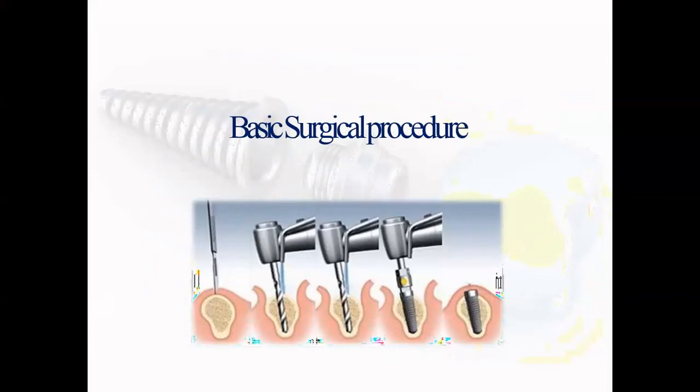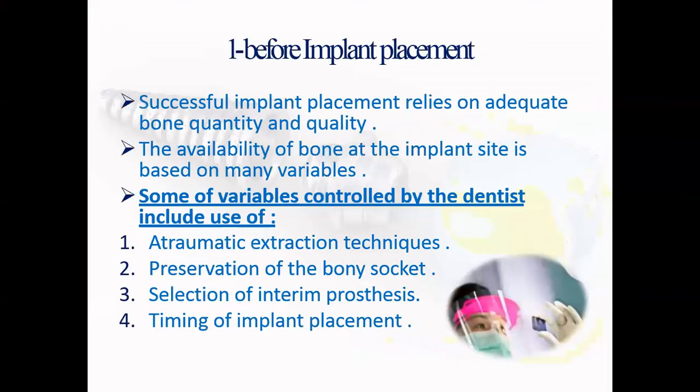Going to the next part of the class, we see how we place the implant. This is called the basic surgical procedure for placing an implant. So before placing an implant, we have to see some of the criteria. We have to have an atraumatic extraction technique to preserve the bone socket, and we have to place an intermediate prosthesis to maintain the space vertically as well as mesially and distally.